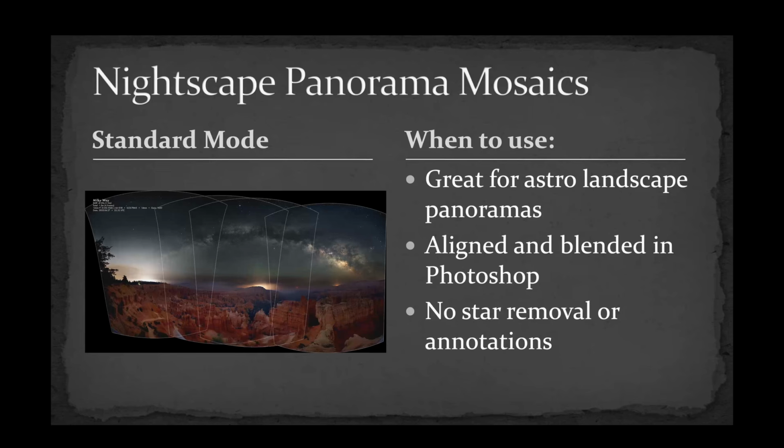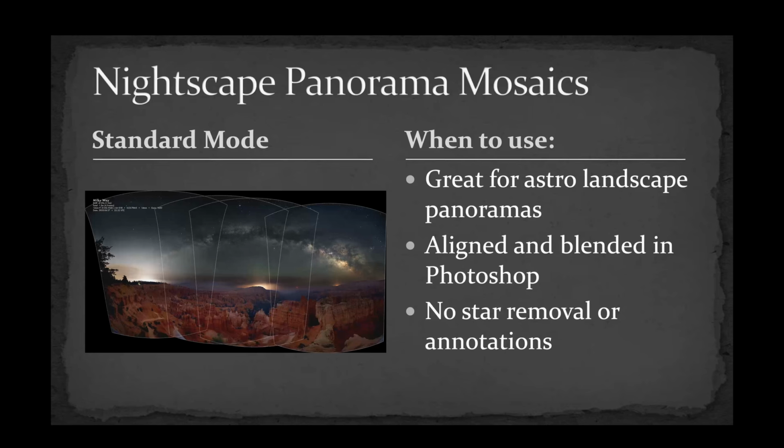Now, if you have StarNet or if you have Star Exterminator installed as a Photoshop plugin, you can certainly remove the stars and still have a starless workflow. You can even save this as a TIFF and reload it back into PiMagic to run it through just for star removal.